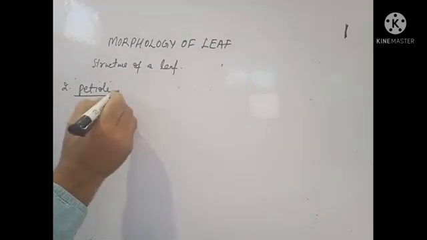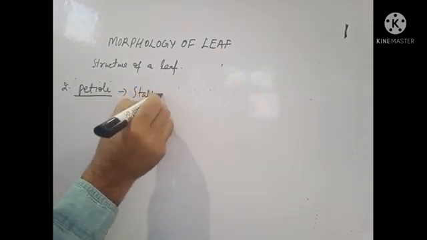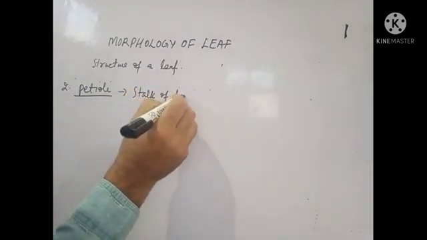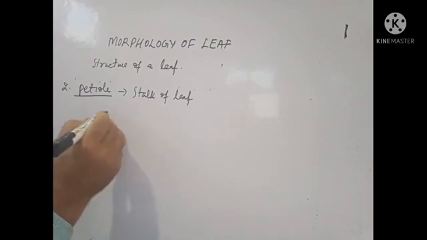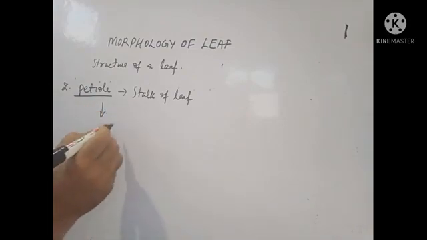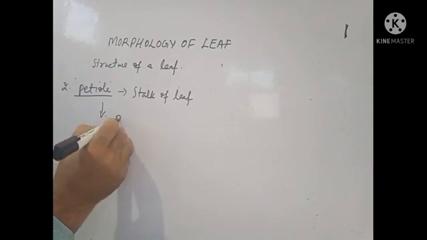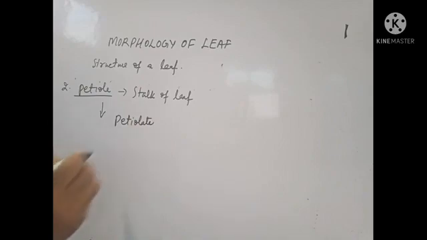Petiole is stalk of leaf. Stalk of leaf is called petiole. When leaf has a petiole, it is called petiolate.